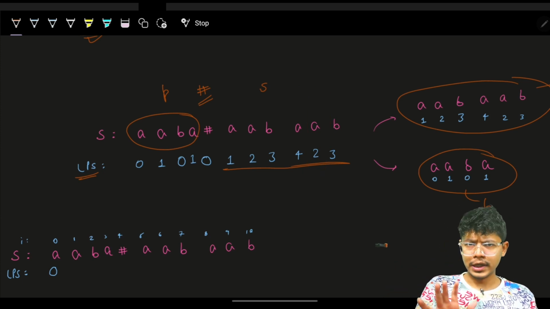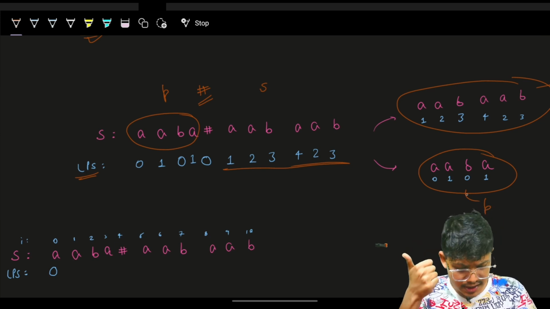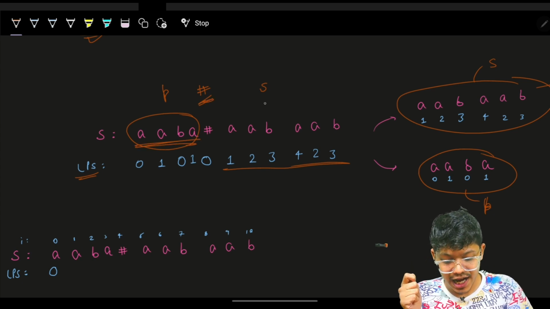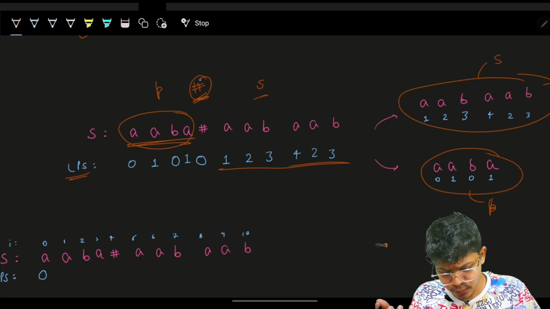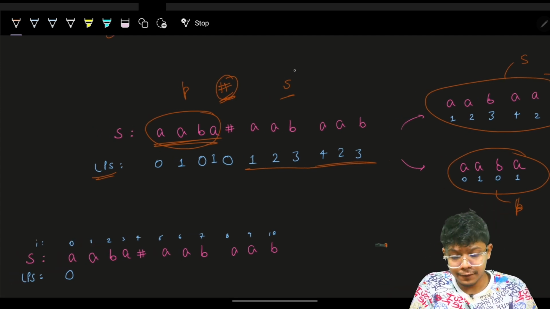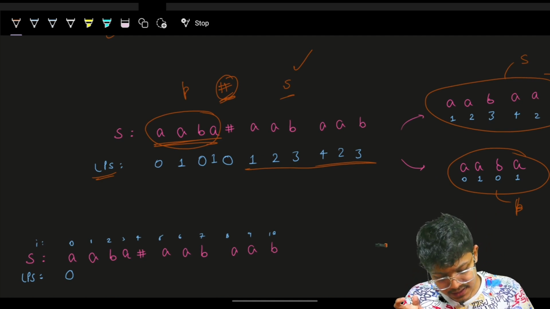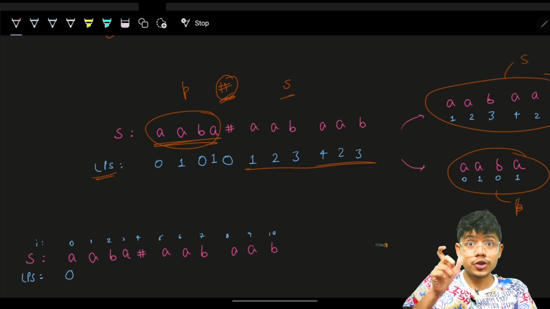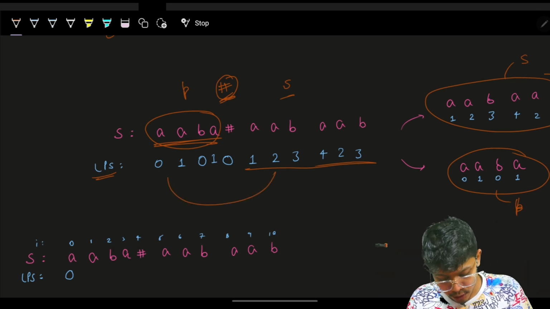Now bhaiya, let's imagine, and again it's a black box for you, that you will just have a pattern, you will put a hash, you will put a string s. You can put any character which will not be in your p and s, which means pattern and string. Now when this is there, you will for sure know that all these values of LPS will show you the longest matching with your pattern.